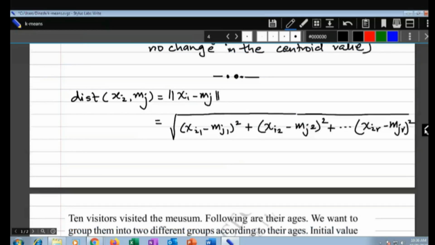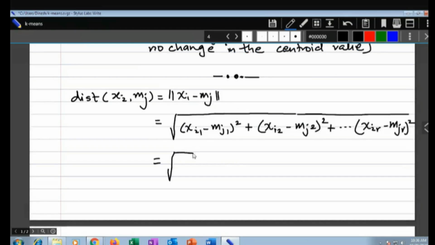In short, you can write it as the square root of the summation, with l equal to 1 to r, of xil minus mjl, squared.